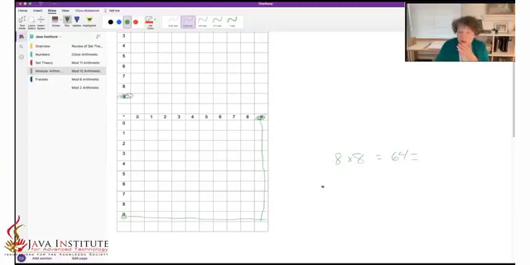Now 64 is 6 times 10 plus 4. And 10 is 9 plus 1, plus 4.